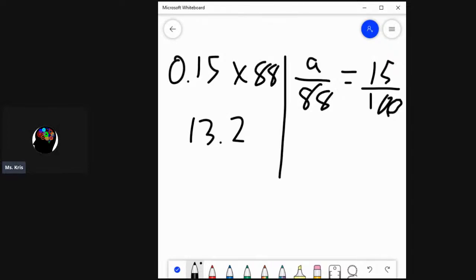Or you have 100. When you cross multiply 100A equals 88 times 15, which is 1,320.